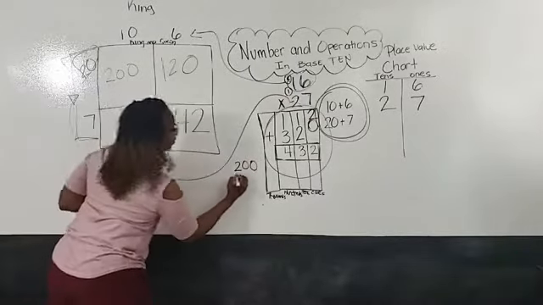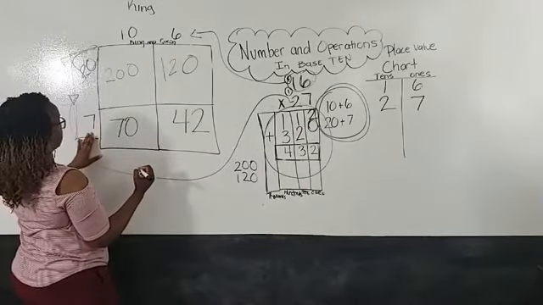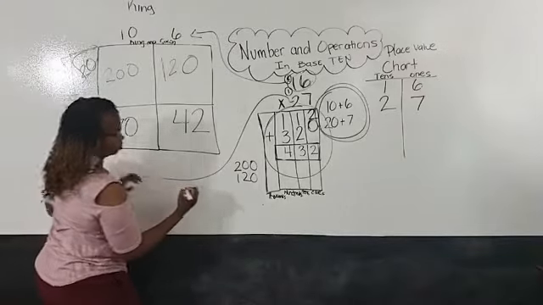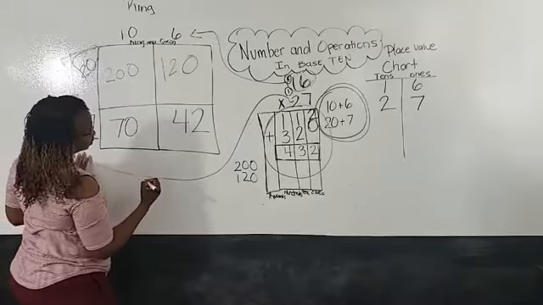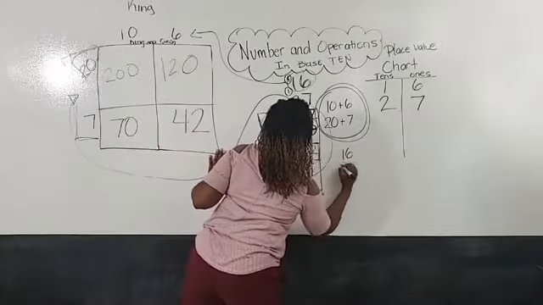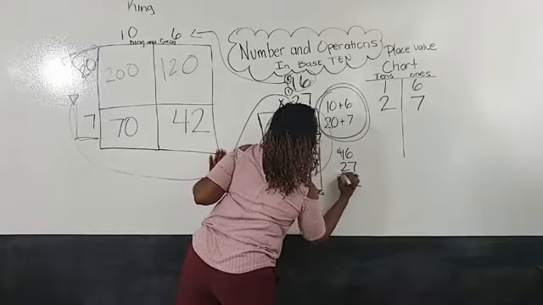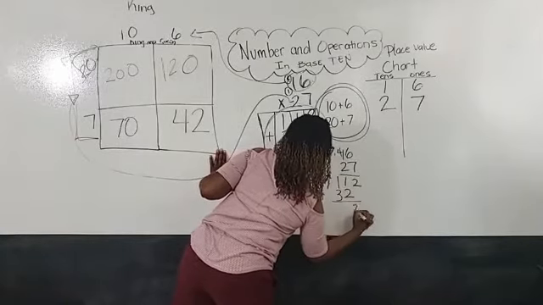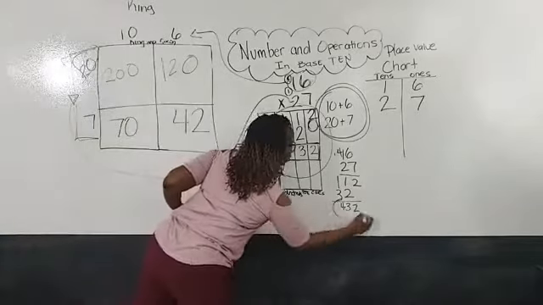So 20, what am I doing? Hold on, y'all. 120, still off somewhere. 70 and 42. I'm still off. Hold on. 42, 11, 12, 3, 432. Good.